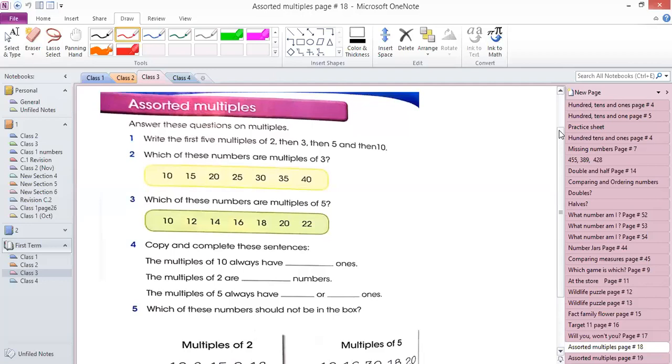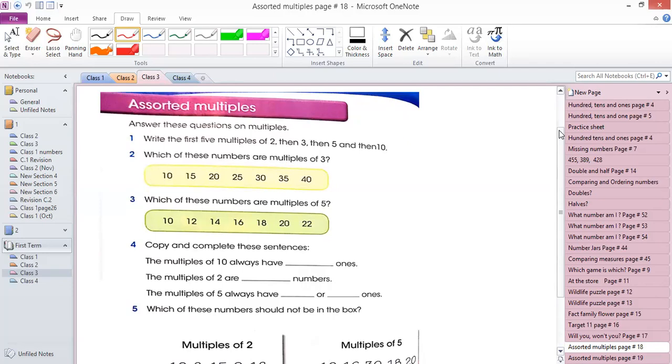And one more definition I discussed with you: the numbers which are exactly divisible by 2 are multiples of 2, the numbers which are exactly divisible by 3 are multiples of 3, and the numbers which are exactly divisible by 5 are multiples of 5, and the numbers which are exactly divisible by 10 are multiples of 10. You also know how to identify whether any number is a multiple of 2, 3, 5 or 10. Okay. So this assorted multiples topic is very easy for you.